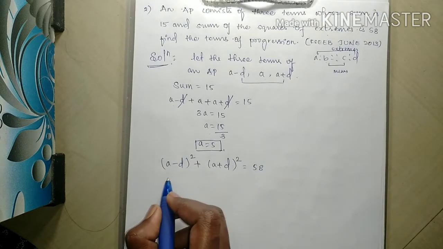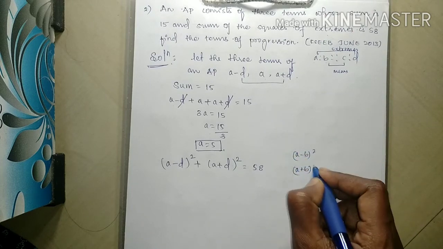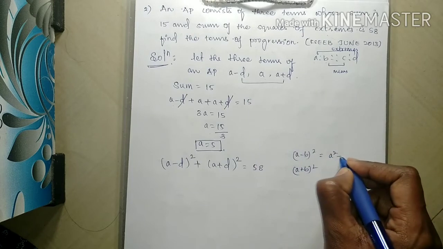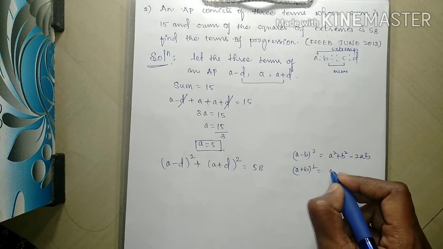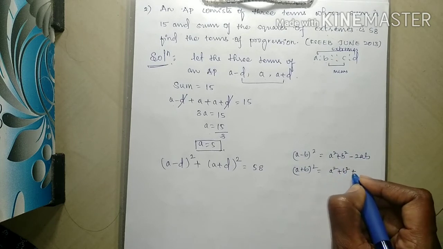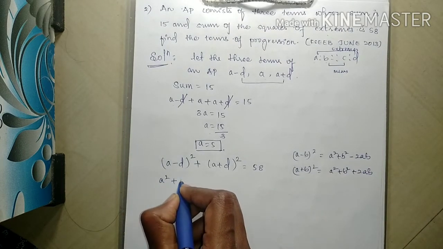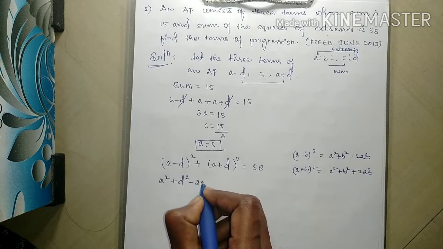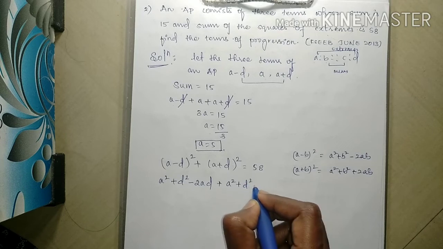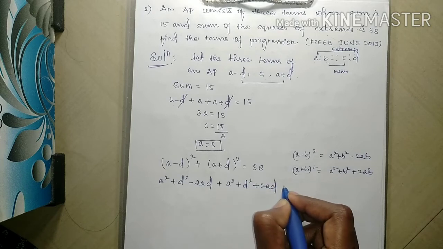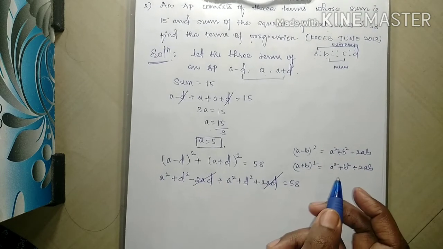So let me apply the (A minus B) whole square and (A plus B) whole square formulas. (A minus B) whole square is A square plus B square minus 2AB. (A plus B) whole square is A square plus B square plus 2AB. So now this is A square plus D square minus 2AD plus A square plus D square plus 2AD, that is equal to 58. Minus 2AD plus 2AD will get cancelled.